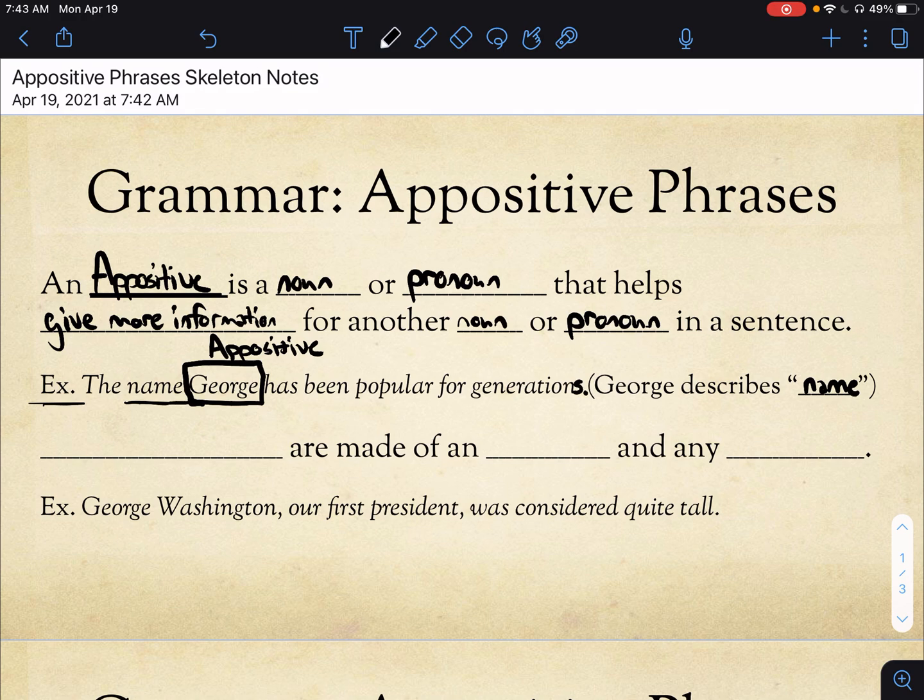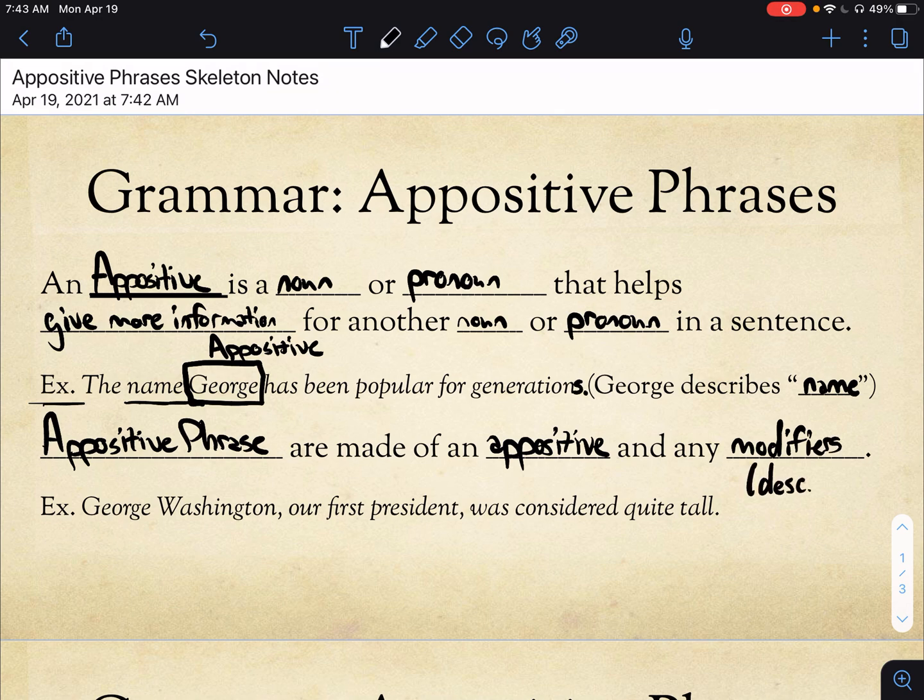Okay? Now, appositive phrases. Remember, phrases are just groups of words. They are made up of an appositive and any modifiers. And if you need to remember what a modifier is, that is descriptions.